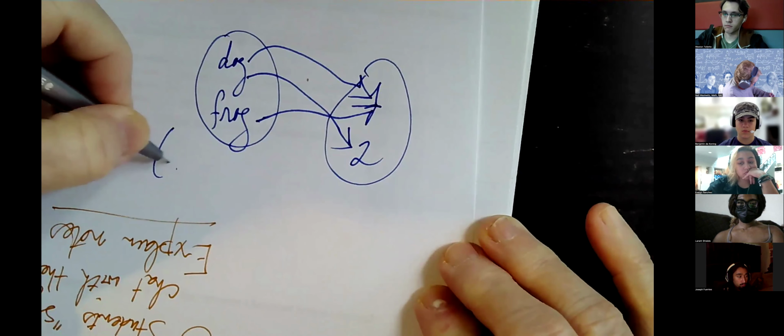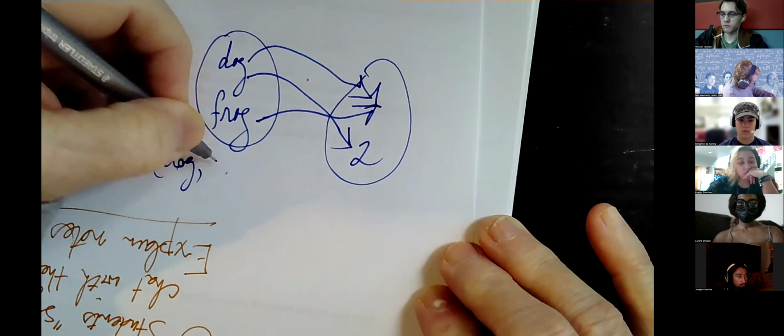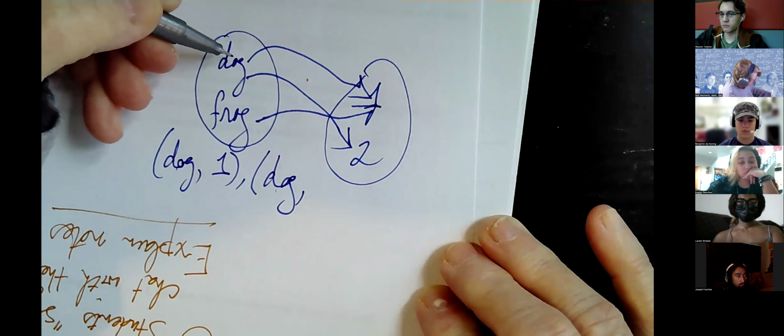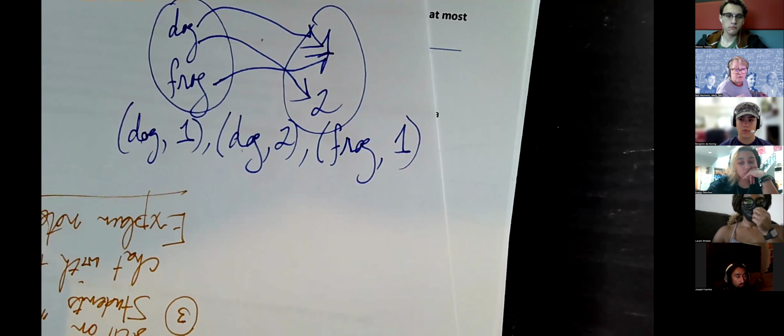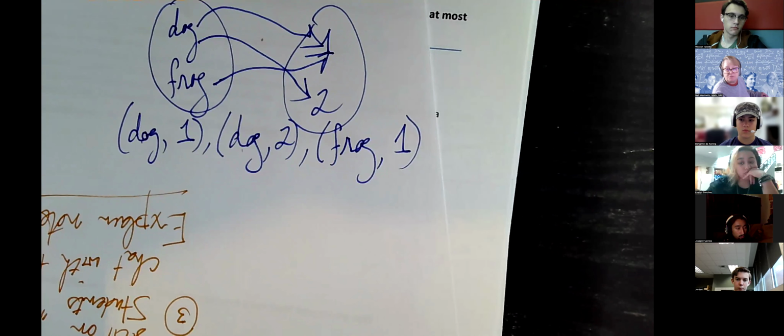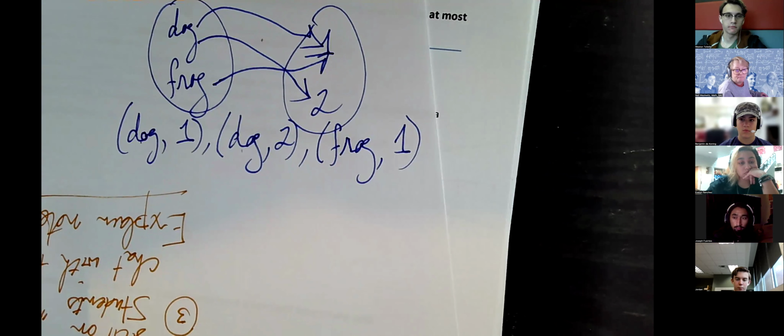We would say that we've got dog, 1, dog input, 2 output, and frog is the input, and 1 is the output. So this is fine. And you can see that there are all sorts of examples of functions and relations that are not mathematical. But is this relation a function? And why not?